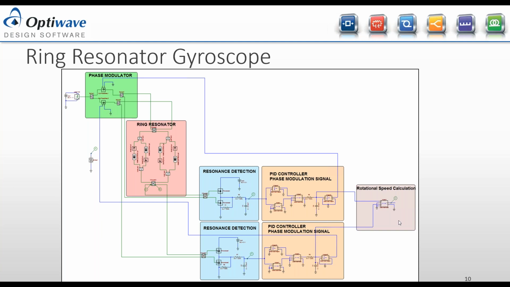If the ring is not on resonance, then it generates an error signal, which is sent to a controller, which then generates the control signal for this optical phase delay. And then finally, at the end, using the change in the frequencies, we can calculate the speed of rotation.